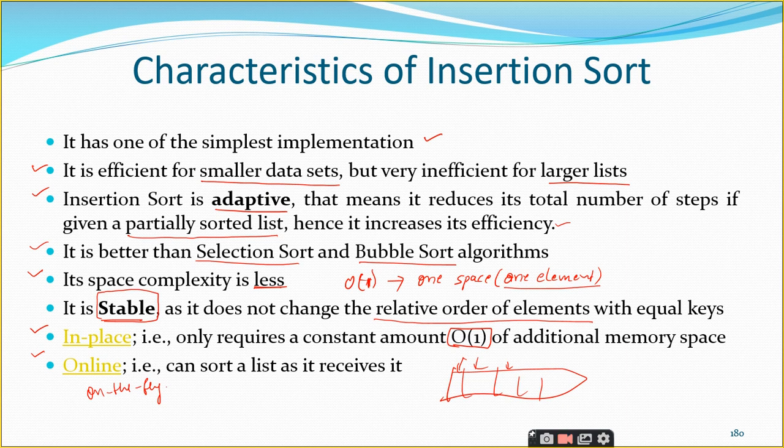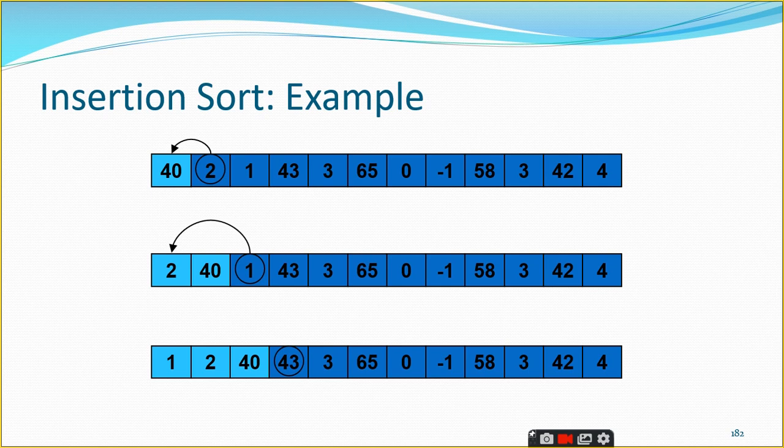Let us illustrate the insertion sort with one example. So, this is the list of elements that I have given. It is an array. So, I am giving the array index for proper understanding of the concepts. The array index starts with 0 and ends with n minus 1.